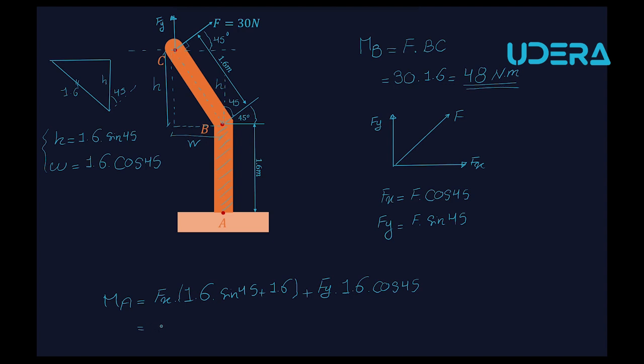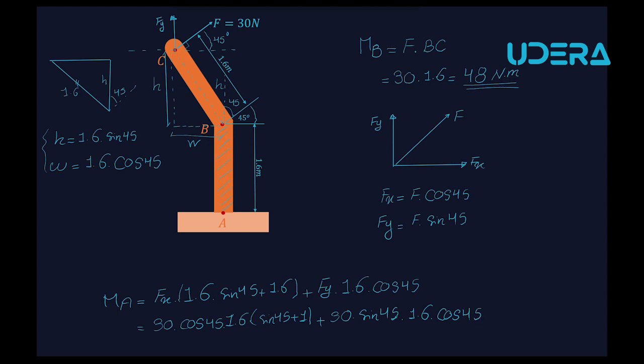Now I expand this expression. Fx is F cosine 45, F is 30, times cosine of 45 times 1.6 times sine of 45 plus 1, because I simplified this expression and I performed factoring of 1.6 to simplify the bracket, plus Fy is F times sine of 45 and F is 30 times sine of 45 times 1.6 times cosine of 45.